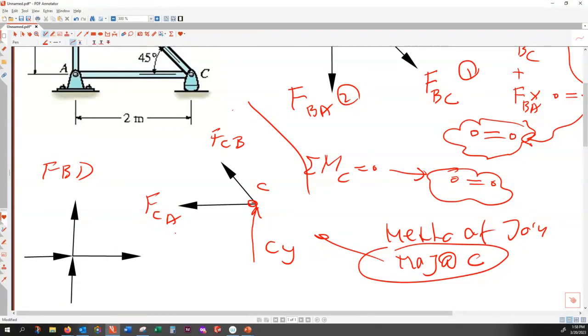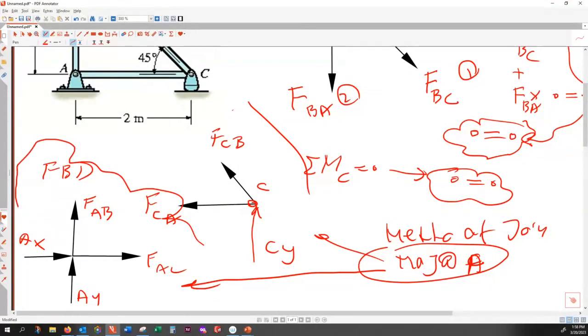So this is FAC, this is FAB, and these are the horizontal and vertical reaction forces. That is method of joint applied at A, and that is the free body diagram I get.